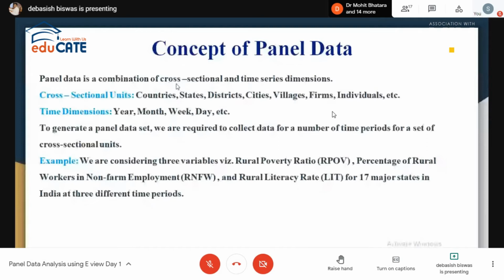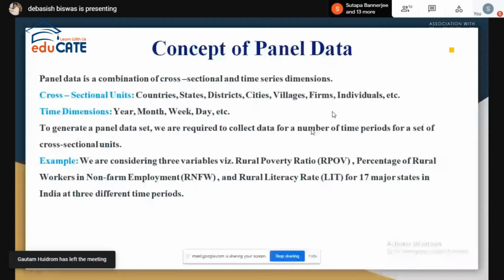It is a combination of both. We are considering many time periods as well as many cross-sectional units. So you will remember it in this way: when you are considering many time periods and many cross-sectional units, then your data structure is definitely a panel data.